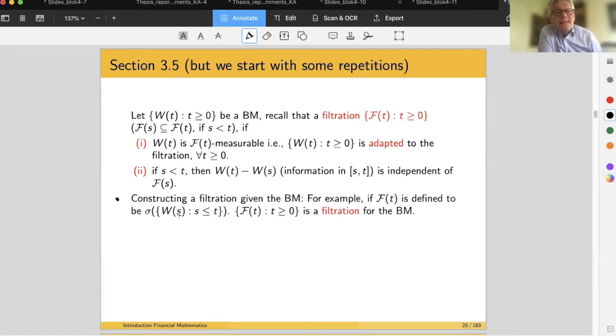It is measurable, and in this case we also have the independence of the increment Wt minus Ws from the information of Ws, the information gathered up to time s.